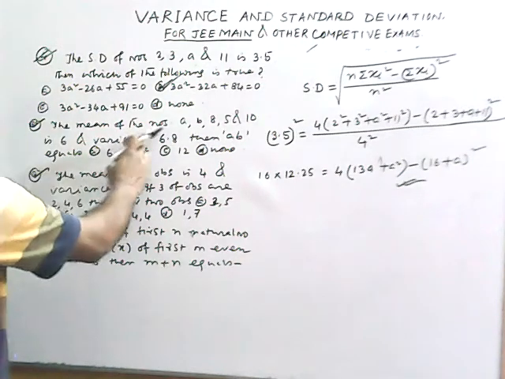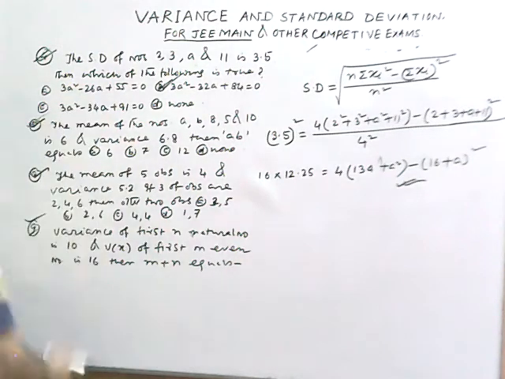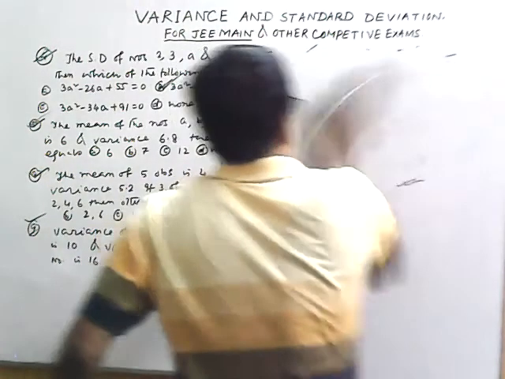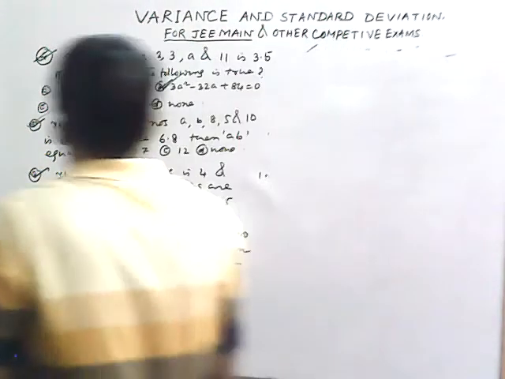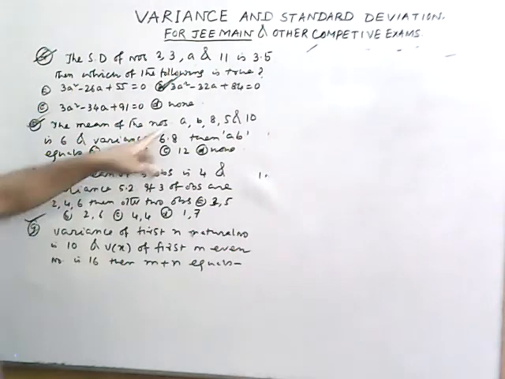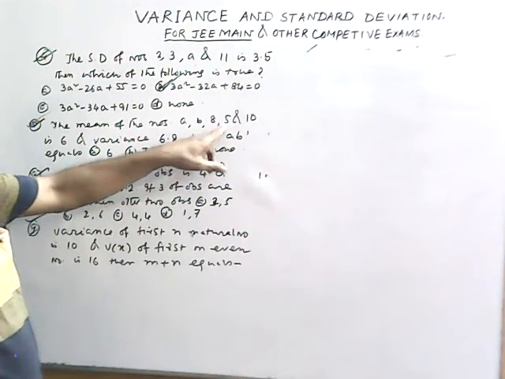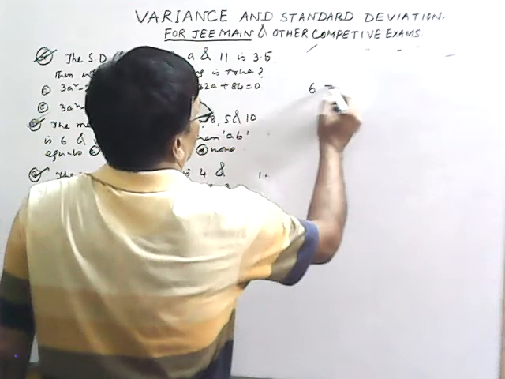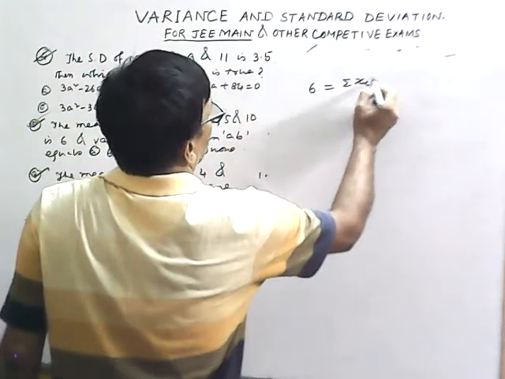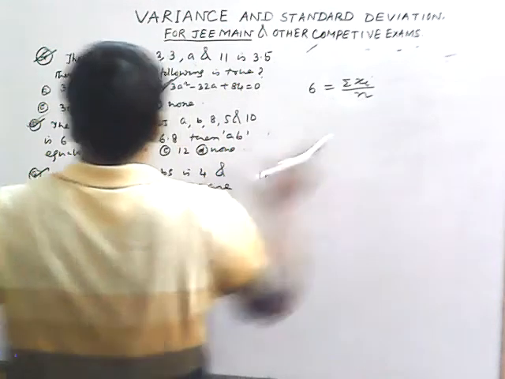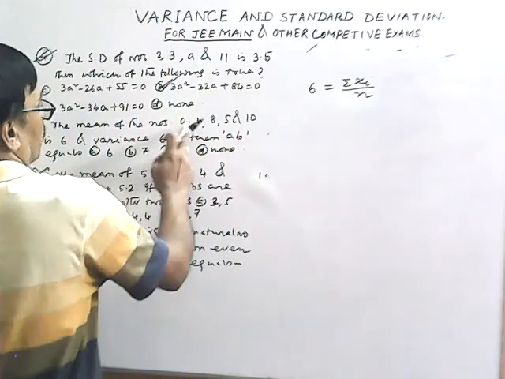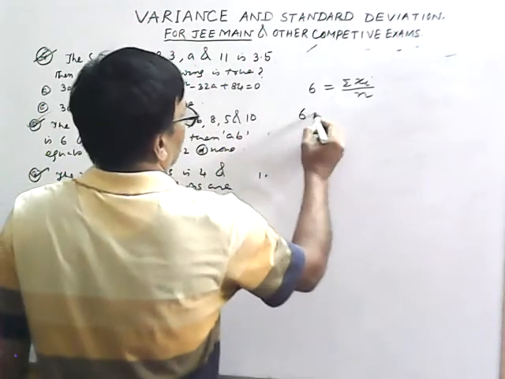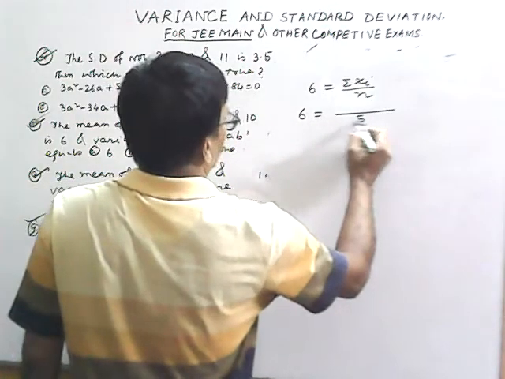So consider problem number 5. The mean of the observations A, B, 8, 5, 10 is 6. So 6 equals summation xi by n. Mean is 6. 1, 2, 3, 4, 5, so n is 5.